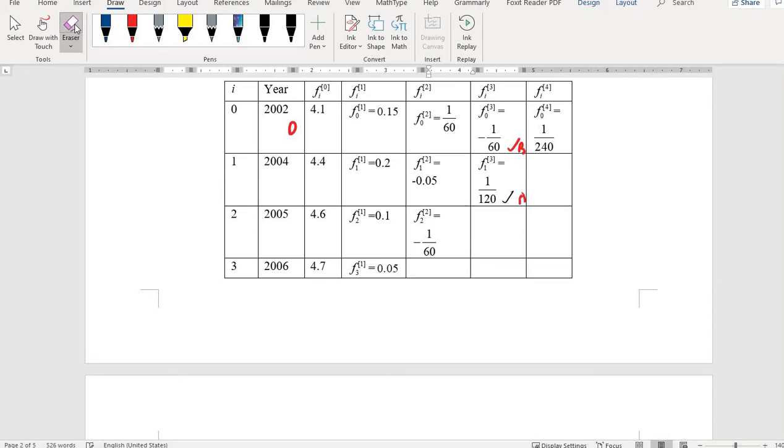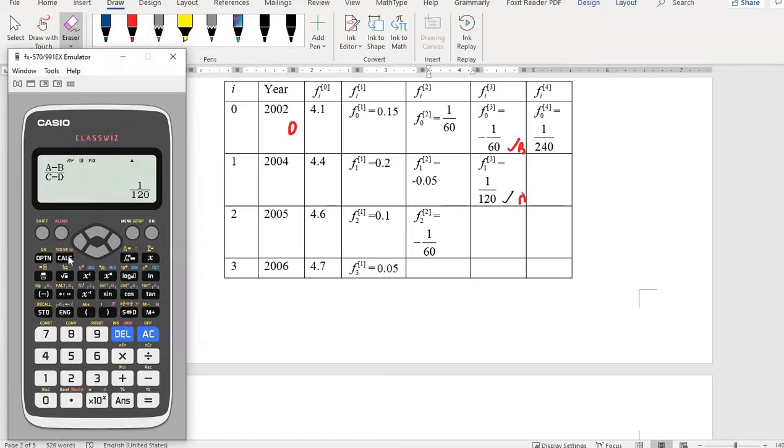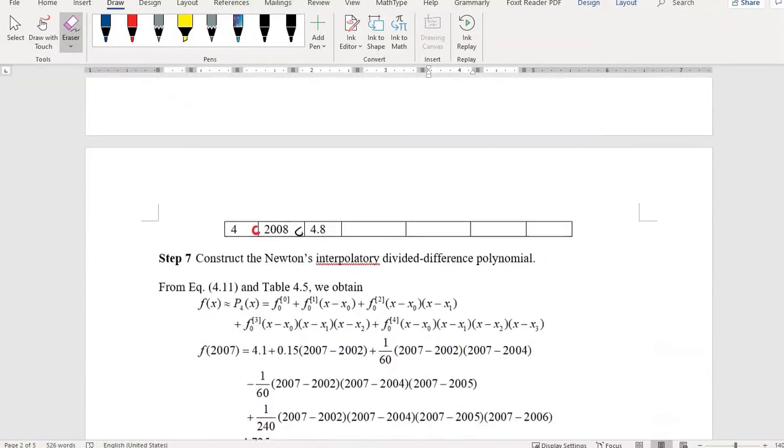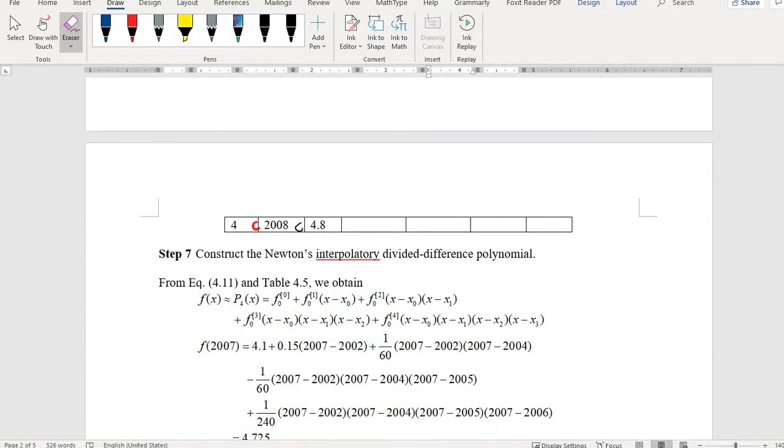For F04, A, B, C is x number 4, 0 plus 4 is x number 4, minus D, which is x naught. And then you calculate again. A is 1 divided by 120. B is negative 1 divided by 60. C is your x number 4, 2008.